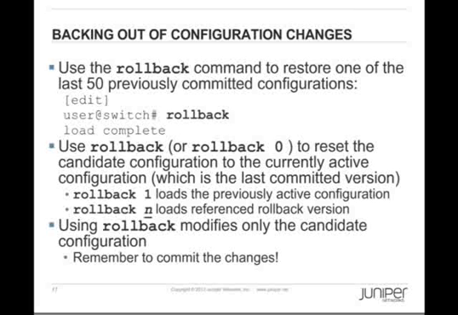What's nice also is you can do a diff between those different rollbacks to see what those changes were. Then you can say, okay, I know what was changed here, and I can roll back to that area that I need. When you do a rollback, obviously, you also need to commit.